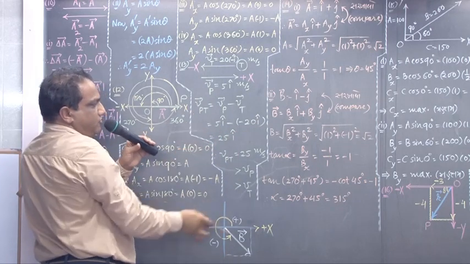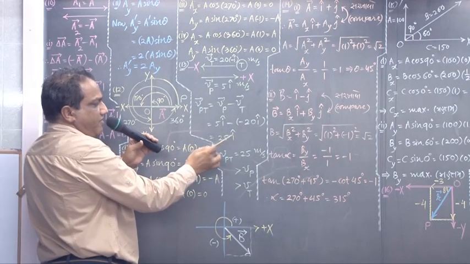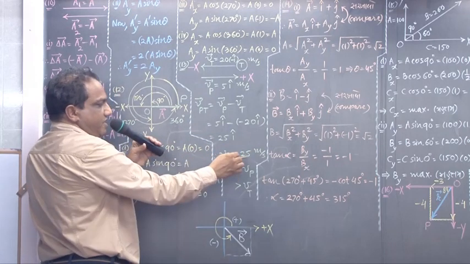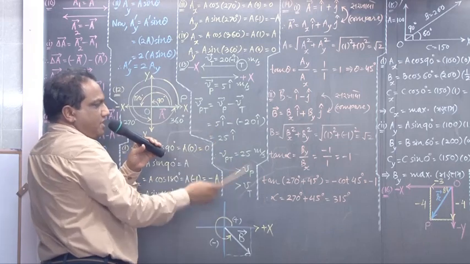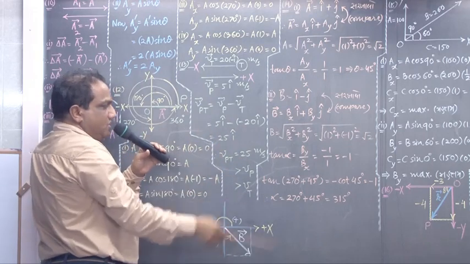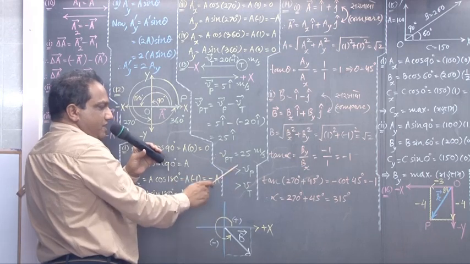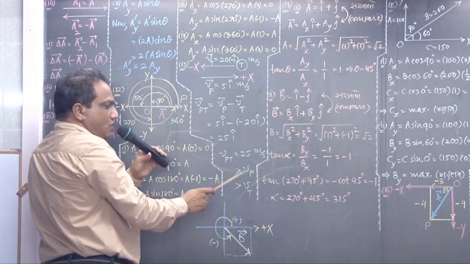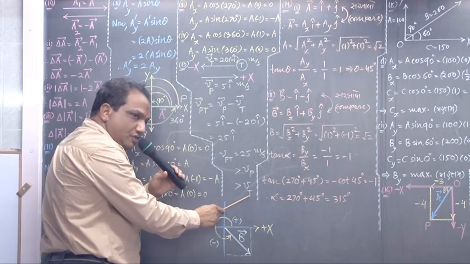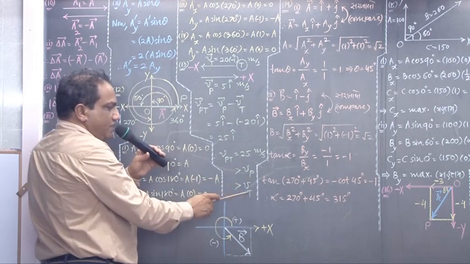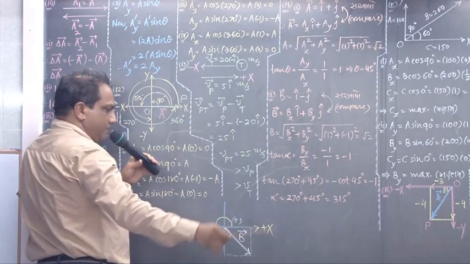Now take the magnitude. When you take the magnitude, it will be 25 meters per second. Is 25 greater than 5? Yes. Is 25 greater than 20? Yes. So the magnitude of the relative velocity is greater than the velocity of the person and also greater than the velocity of the train. Correct? So this is greater than both the individual velocities. Okay? Next.